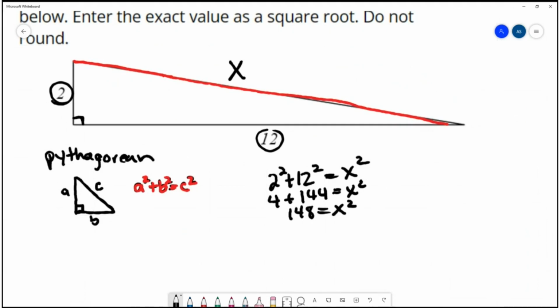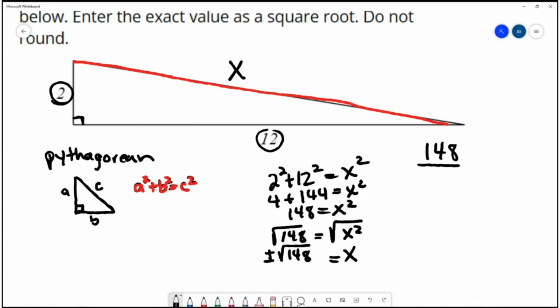I'll solve for x by square rooting both sides. And let's see if we can simplify that radical at all. We actually get plus or minus square root of 148. Every time we square root a square, we get that plus or minus symbol. So let's see about simplifying 148. I'm looking for a perfect square that could divide into 148.